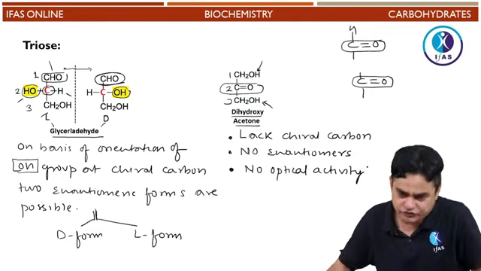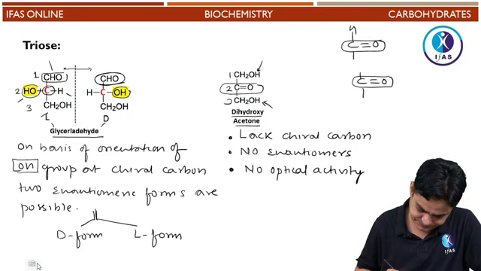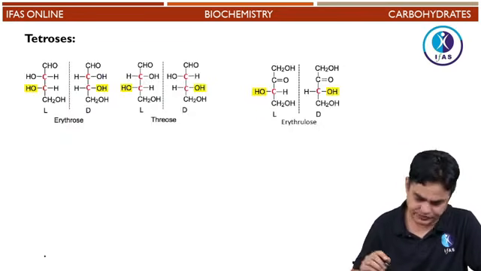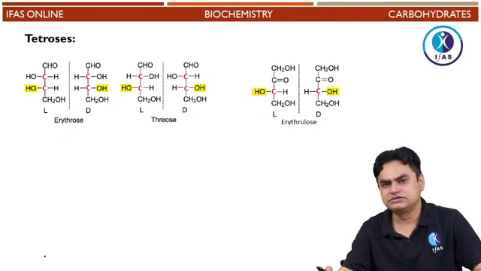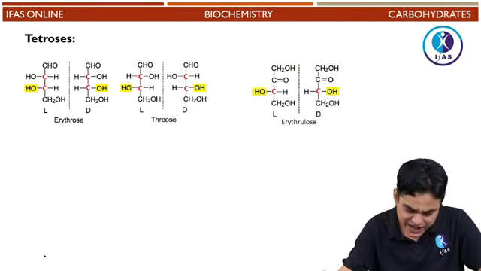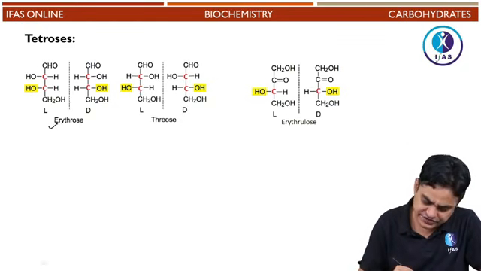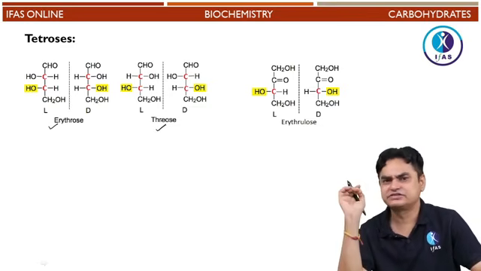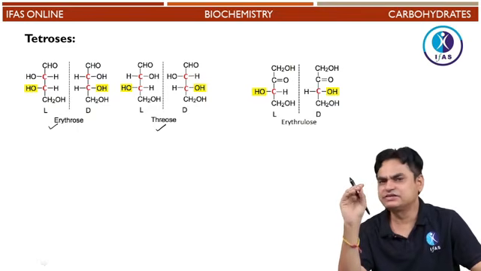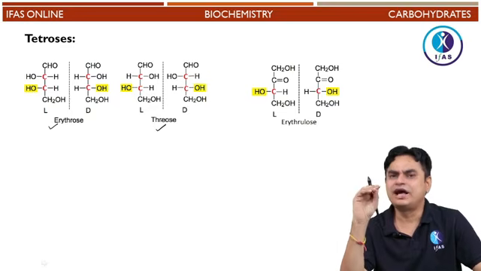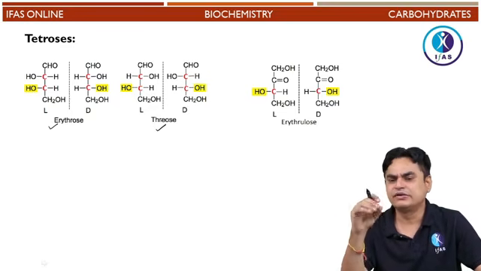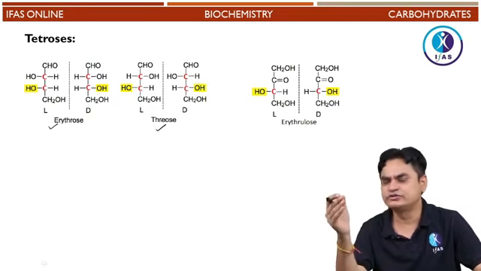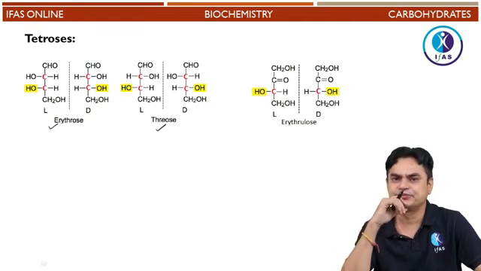Okay, so let's move further. Tetrose. The examples of tetroses are erythrose and erythrulose. Again, you do not have to remember these structures. Here I have drawn the structures simply to highlight the differences between erythrose and erythrulose.